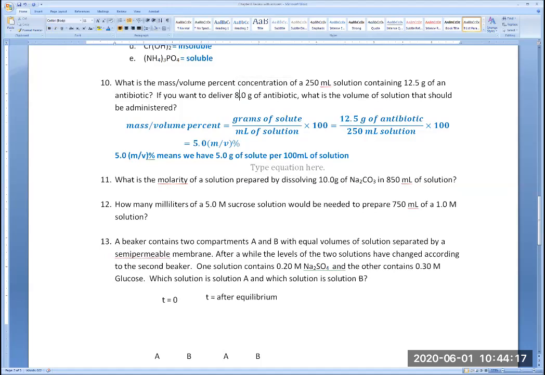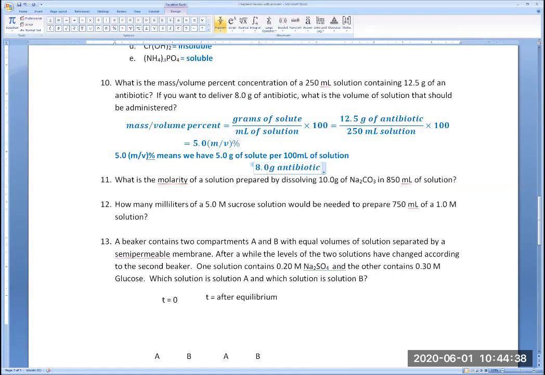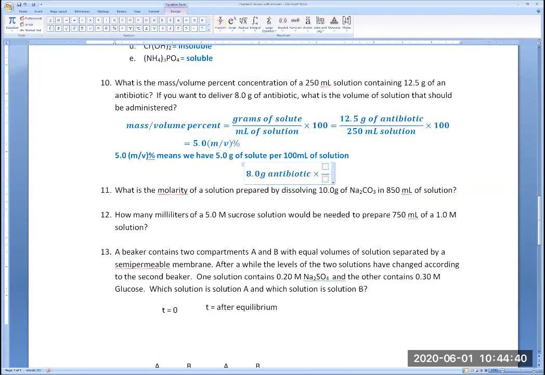Let's say 8. If you want to deliver 8 grams of antibiotic, what is the volume of solution that should be administered? You would start with your given amount of 8 grams of antibiotic that you want to deliver, times the conversion factor that comes from this concentration.